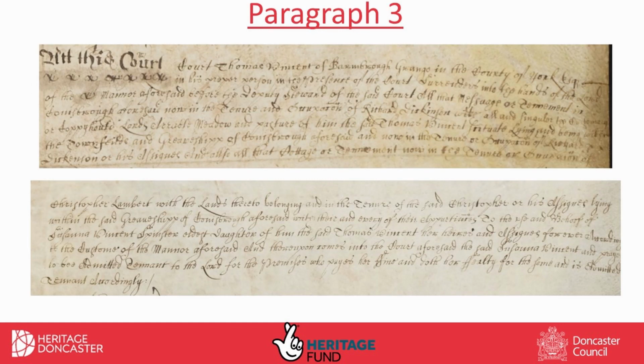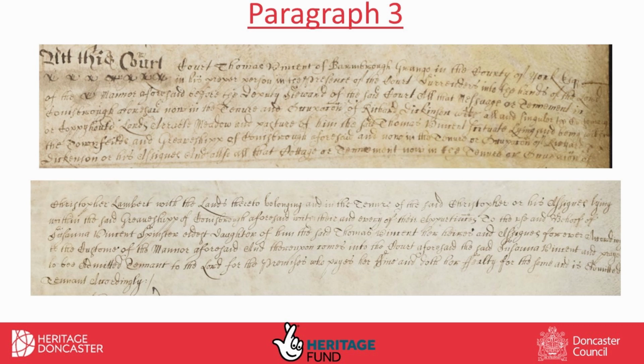It starts with a minor clerical error. The word court is repeated so that it reads at this court. At the court, Thomas Vincent Esquire, that is, a man of a little higher social status than a gentleman, in his proper person, meaning that he sent no one to act on his behalf, surrenders, firstly, a messuage with tenement in Conisbrough, messuage in this context usually signifying copyhold tenure, and it's occupied by Richard Dickinson.